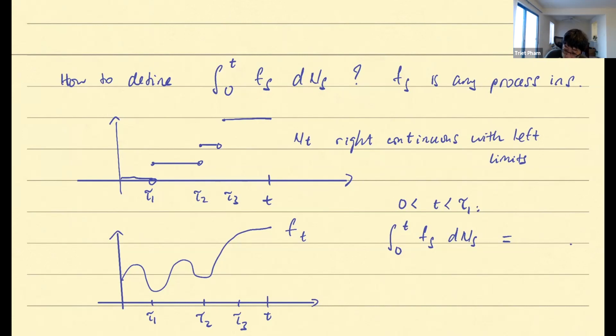But up to time tau 1, what is dN? Correct. So the whole answer is 0. You understand? Because basically you're just integrating against a constant. dN is equal to 0, so the whole integral is 0. Is that okay?